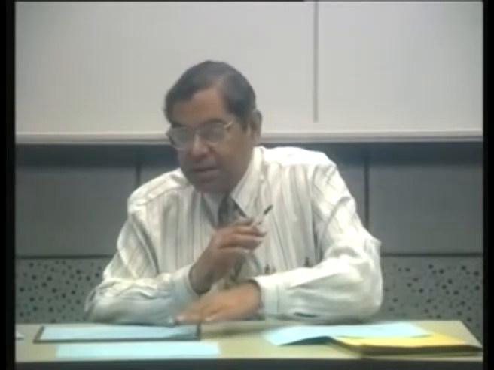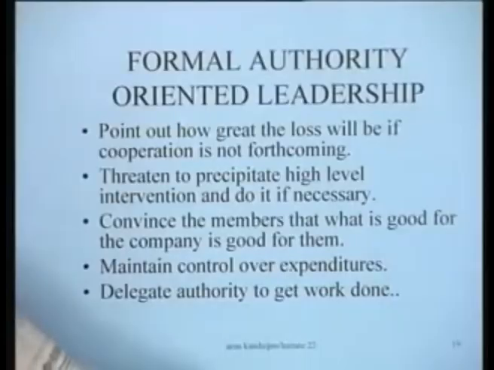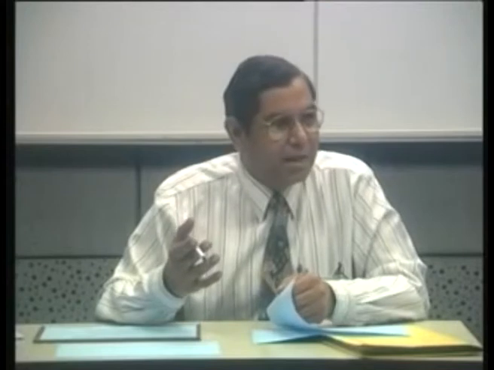These kinds of factors can build up a good leader and a good rapport with the team. The second kind of factors are the formal authority oriented leadership, which of course you should not try to exercise to that great an extent all the time, right. This is more of a threat really, and it should not be used.